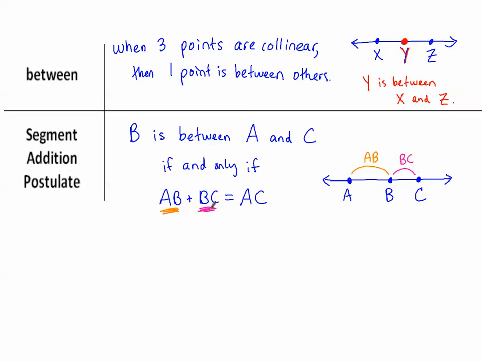If I add them together, then it makes the whole way across from A to C. Think about when you're measuring distances. If I measure part of the distance, but my ruler runs out, I can make a mark and measure the rest of the way across, and then I know how long it is altogether.